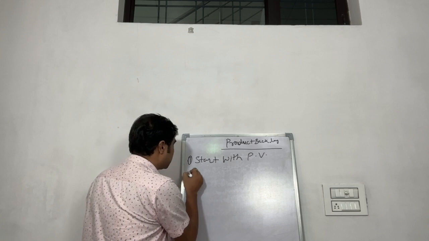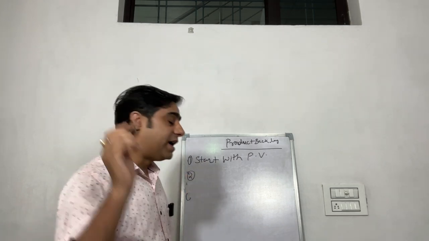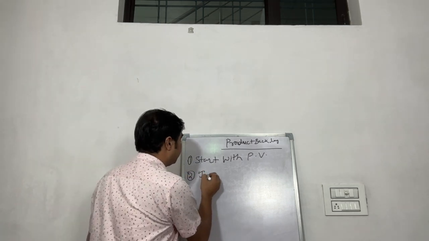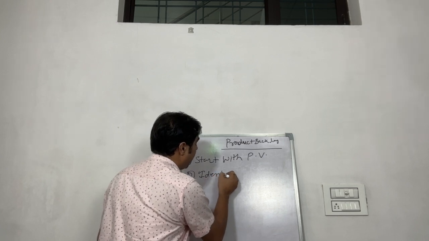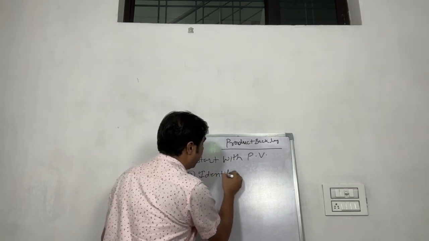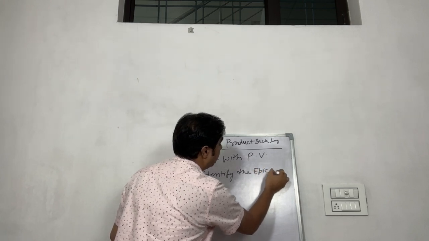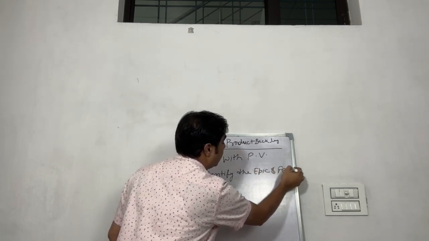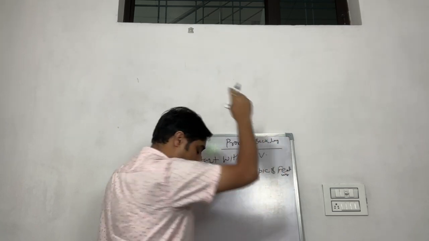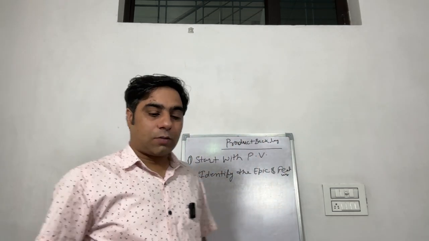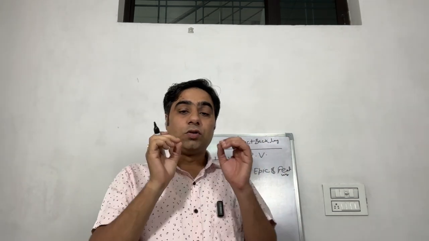Now next is identifying the epics and features. Okay, so in this product backlog, if you are starting this, you have to be very clear about what features we are going to build.